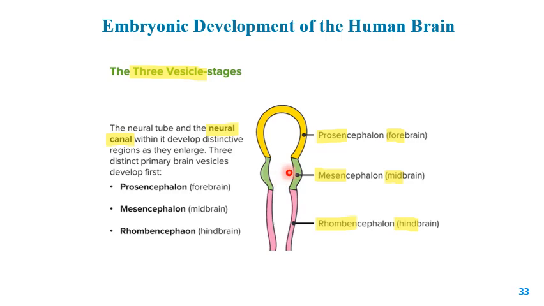The middle section, you call it mesencephalon, and that is going to make your midbrain. And then the bottom section, you call it the rhombencephalon, and that is going to make the hindbrain. So this is the beginning of the development of the brain, also with the spinal cord. And this is before you get further subdivision. So that's the beginning stage, the 3-stage of vesicle.